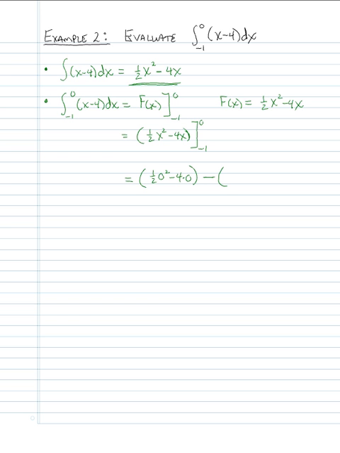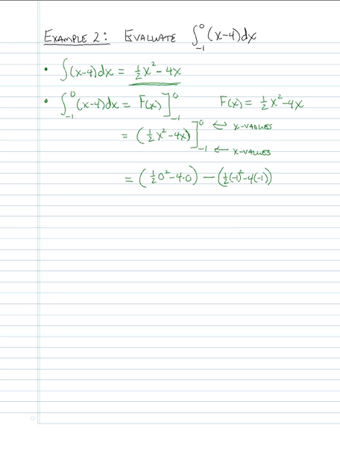And we're going to now evaluate this function when x is -1. So that means we'll have a 1/2, instead of an x squared, we have a -1 squared. And minus 4 times x, but instead of x, our x is -1. See, these represent x values. Maybe I didn't make that real clear before, but they're the x values that we use.